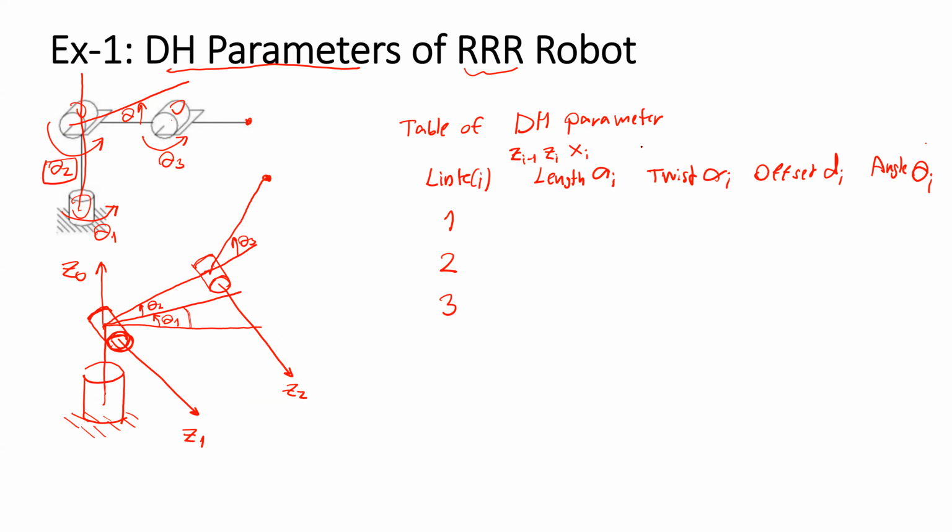The link twist is the angle between C(i-1) to the direction of C(i), measured about the x_i axis.